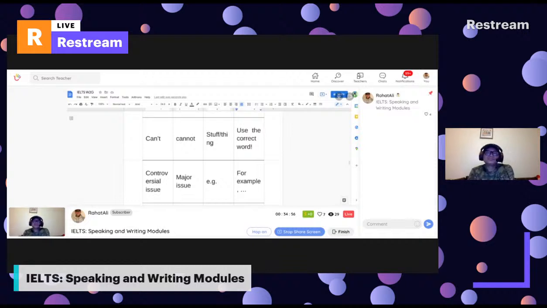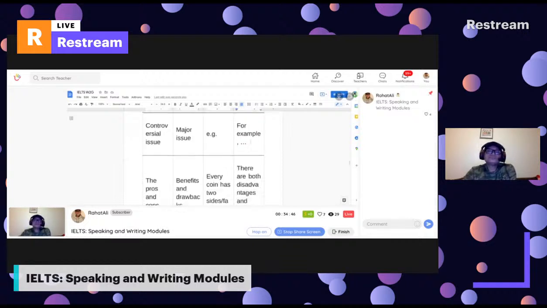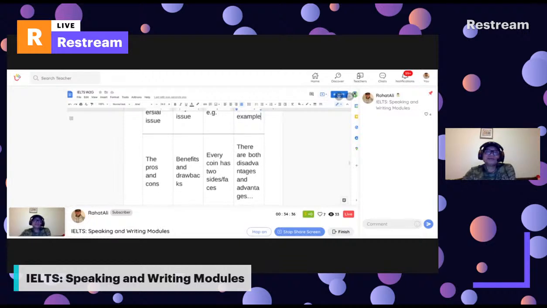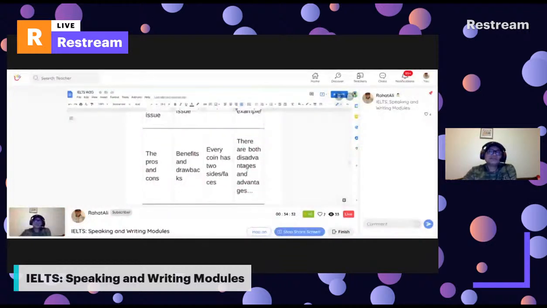Use "major issue." Do not use "e.g." Use "for example." Do not use "the pros and cons." Write "the benefits and drawbacks." Do not use "every coin has two sides." Write "there are both disadvantages and advantages."